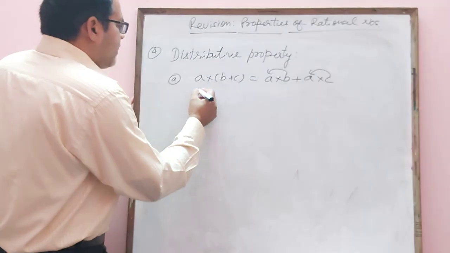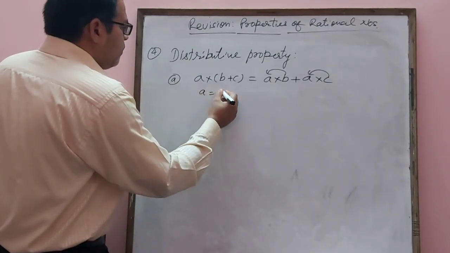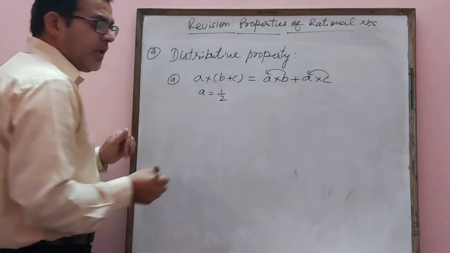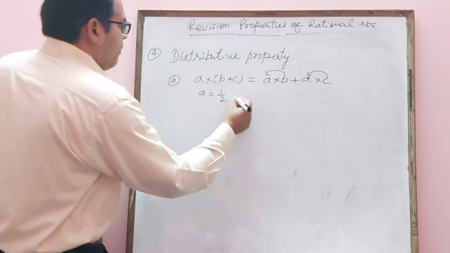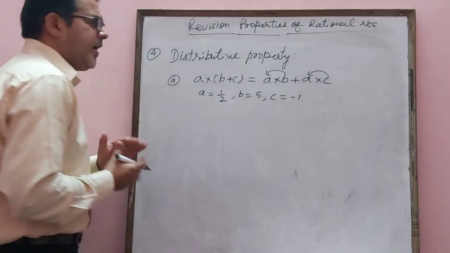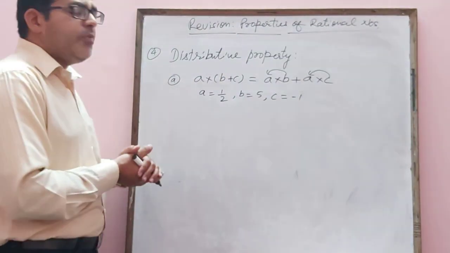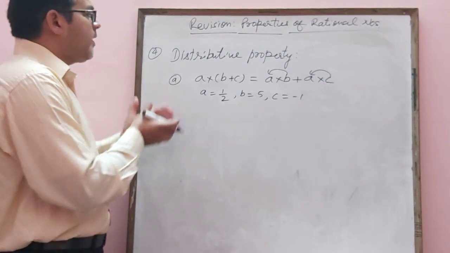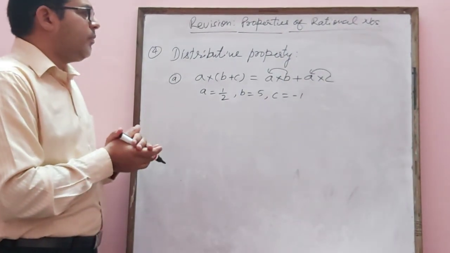So I am taking A equals 1 by 2, you can take any of the rational numbers here. B I am taking 5 and C I am taking minus 1. You can take any rational numbers to verify this property.